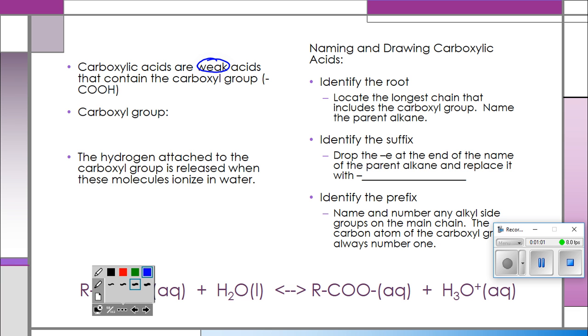Now we talked about acids in general, not just organic acids, but all acids a lot in the last unit. So I just want to make sure everybody remembers. I've put my data booklet away. I'm going to grab one. In your data booklet, there is a table that has all of the acids that we typically talk about in it.